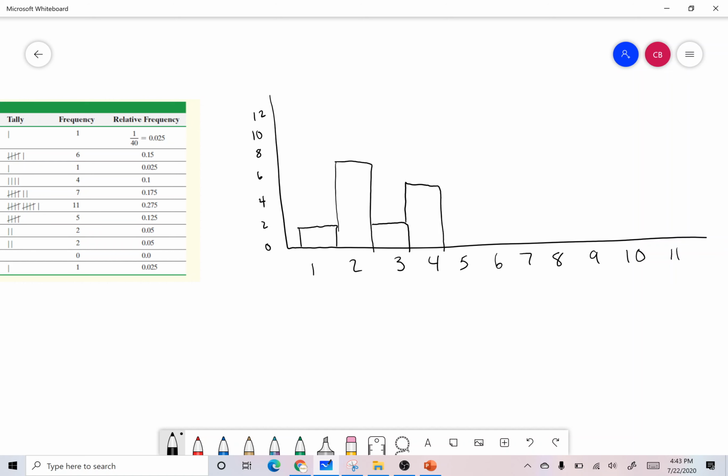4 is this. 7 for 5. Okay, there's 7. 11 is all the way up here. 5 is right here. Actually, that's 5. Hold on.